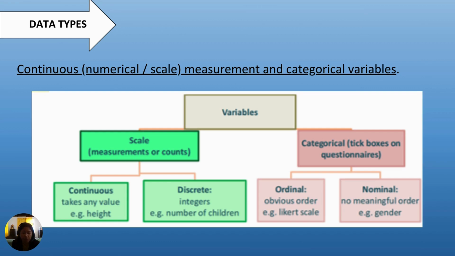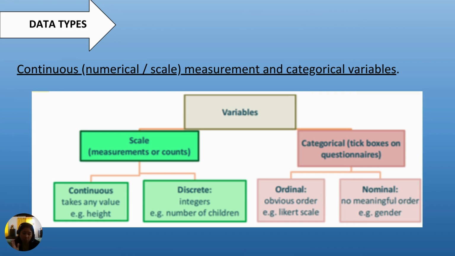I'm pretty sure I have already mentioned this in the class that each statistical tool requires a specific data, and there are certain requirements in using a certain statistical tool. One of the considerations is the type of data that the researcher was able to gather.